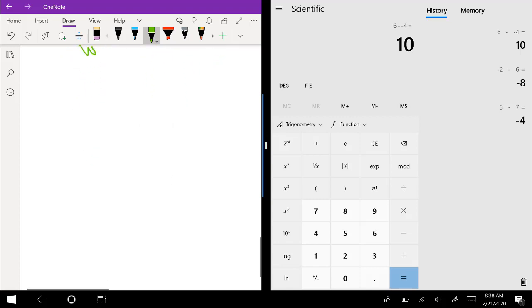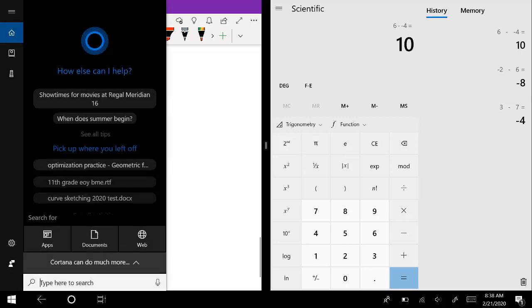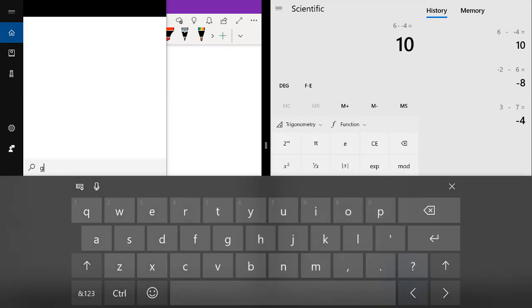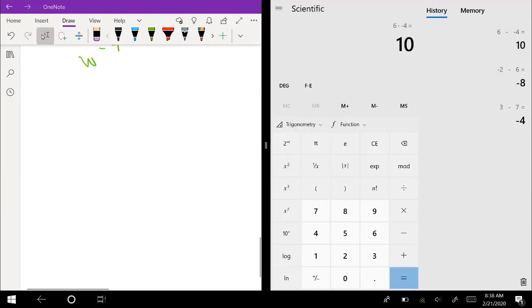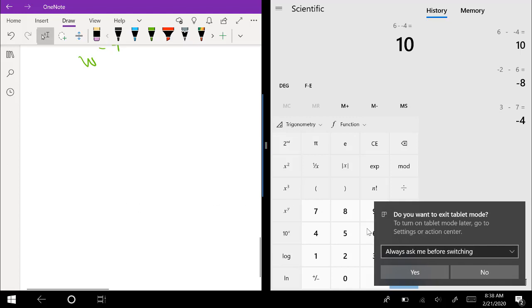Let's see. If I go to my Google and I pull up the IXL that you're going to do today, here we go. So let's look at an example of how the problems are going to be for you.